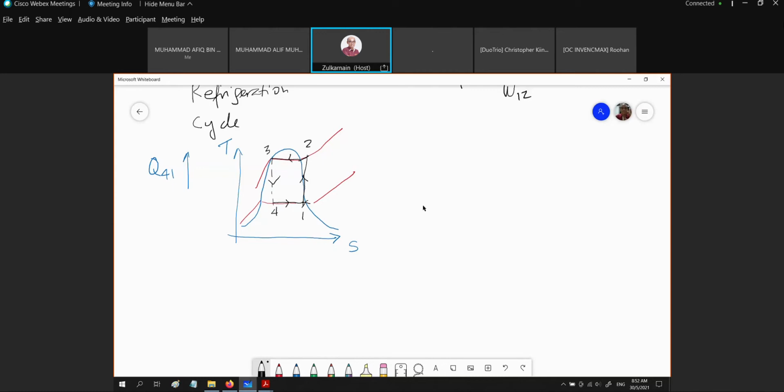You see, now we have made an increment of delta H. The formula is still the same, but our 4 to 1 is now greater compared to the previous cycle, whereby the end of the compression process was at the saturated vapor.